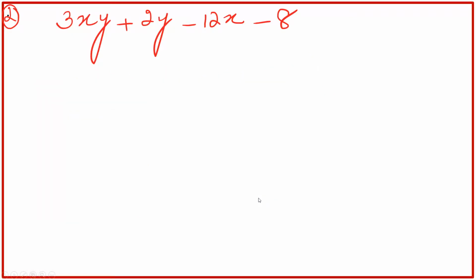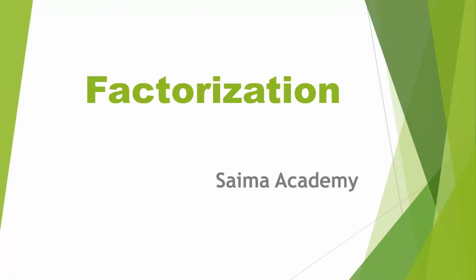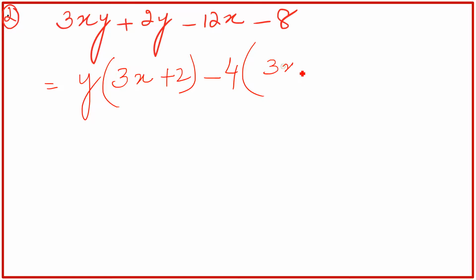And I can do the same question by taking y as a common here. If I take y as a common, what is left? 3x plus 2. Here 4 we will take as a common, so 3x plus 2.